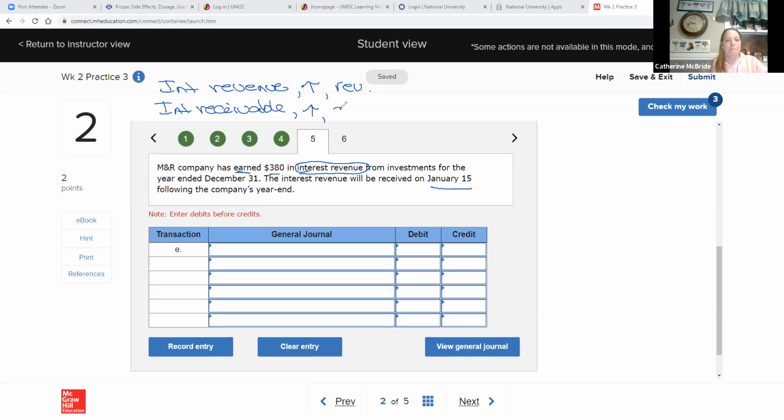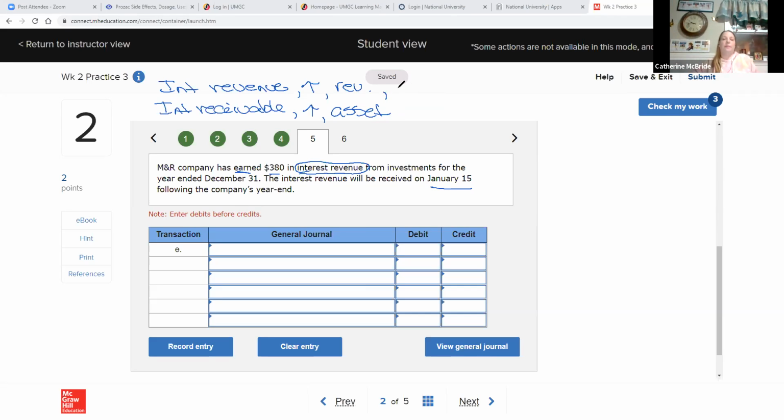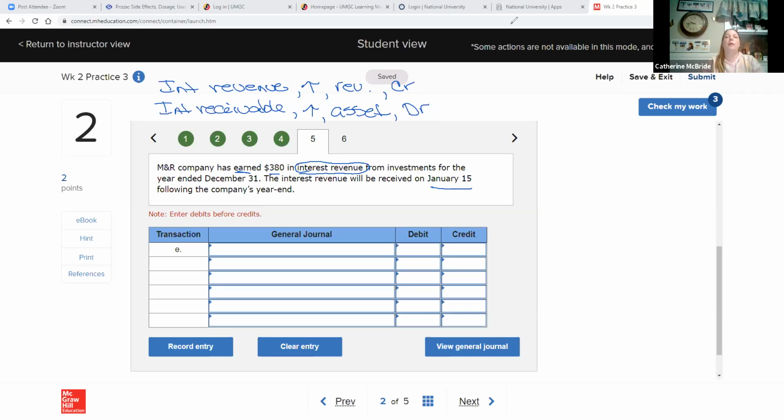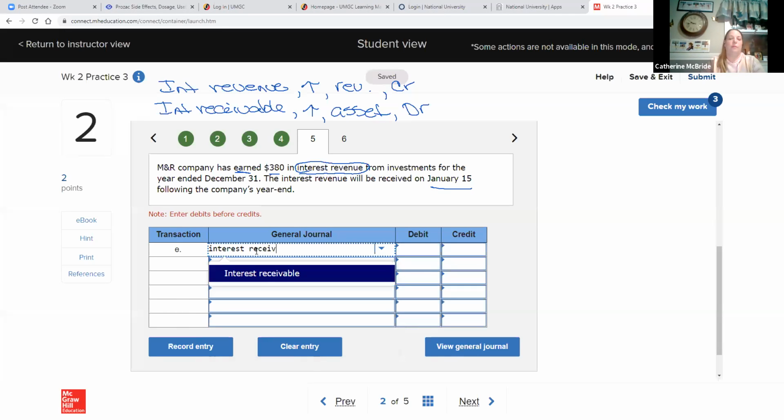Asset. Yep, it's an asset. If I increase revenue, do I debit it or credit it? Credit. If I increase an asset, do I debit it or credit it? Debit. So I'm going to debit interest receivable and credit interest revenue for $380.